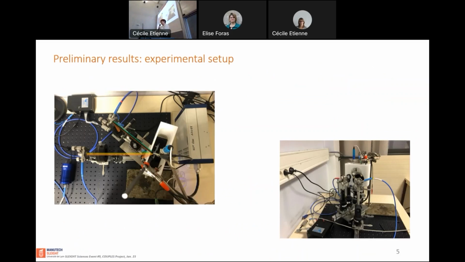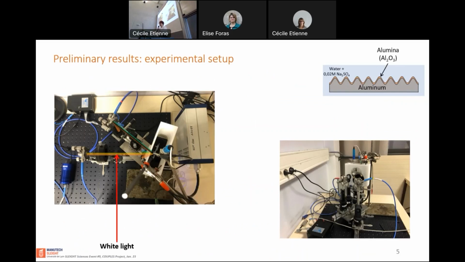Here is a presentation of the experimental setup used. We use diffraction gratings made of aluminium with a passive film of alumina, dipped in water as an electrolyte. Here is the setup. We have an incident white light.